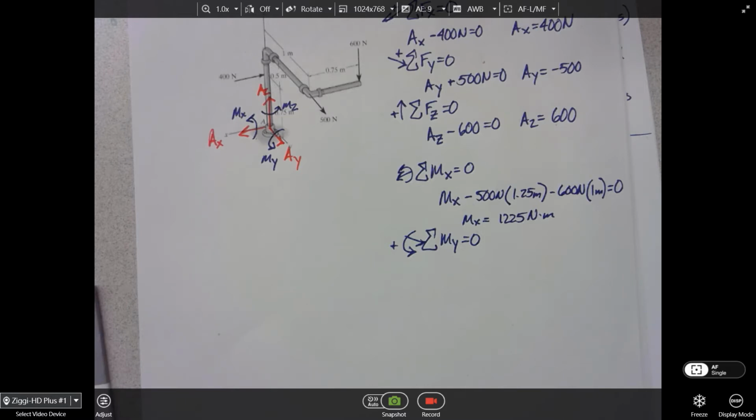I think if there's a force in the z and you're talking about the y, you're going to take the x distance.